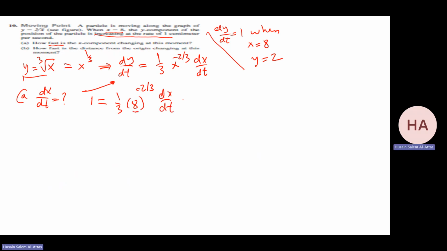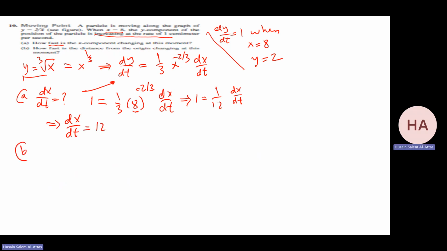So I have 1 equal 1 over 12, because cube root of 8 to the power minus 2 is 1 over 4, times 1 over 3, so 1 over 12 dx by dt. It means dx by dt will be equal to 12.